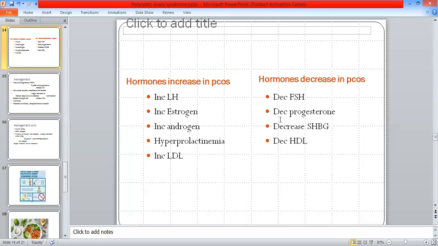There is also decreased sex hormone binding globulin level, due to which the estrogen and androgen are present in increased free form in the circulation. And the good cholesterol, HDL cholesterol, high density cholesterol, is also decreased in patients with polycystic ovary syndrome.